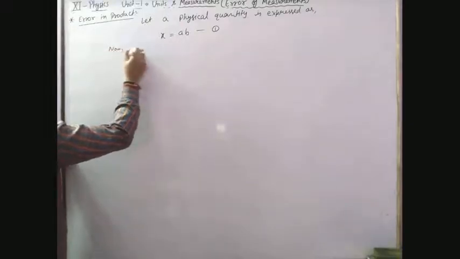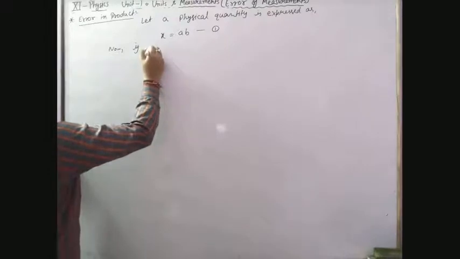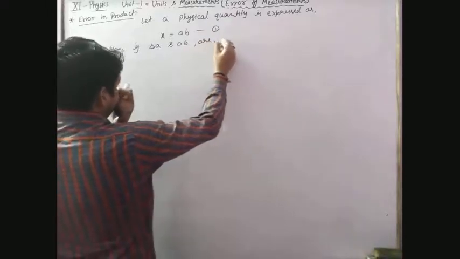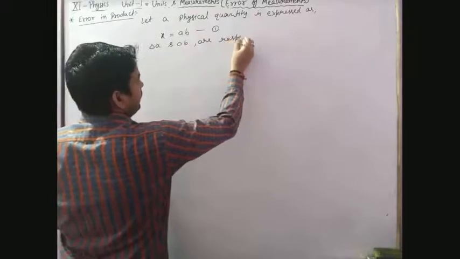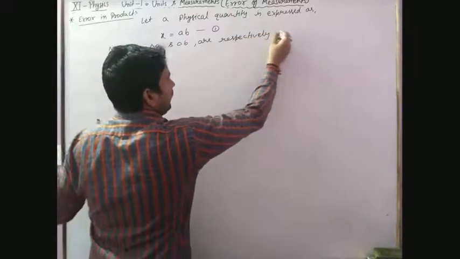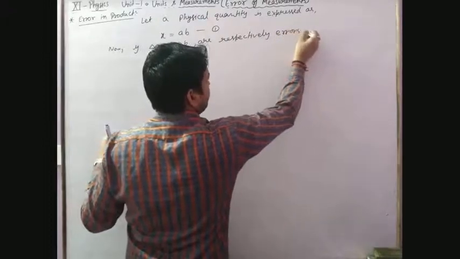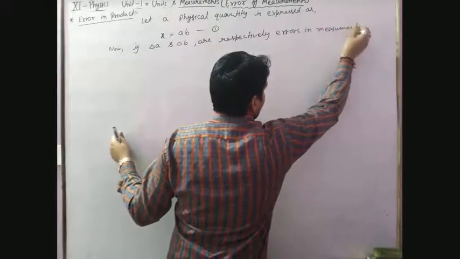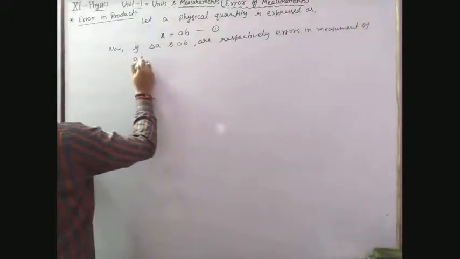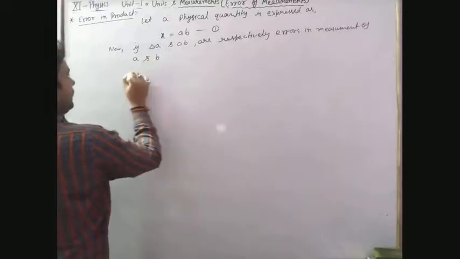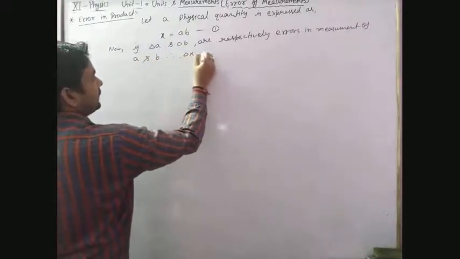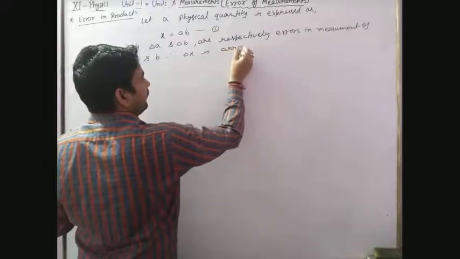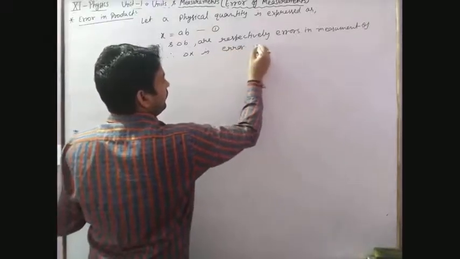Now if del a and del b are respectively errors in measurement of a and b, therefore del x is error in x.